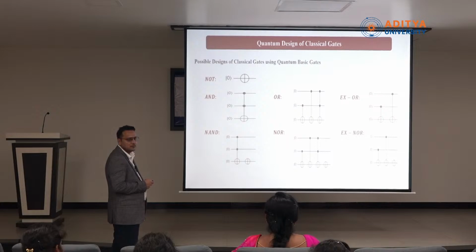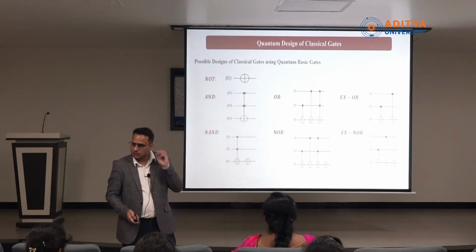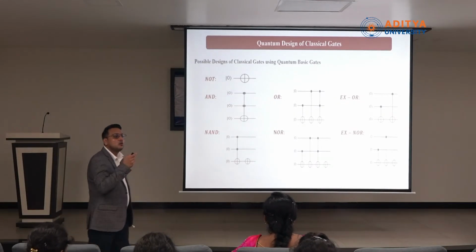But this one is 1, so it is taken as control, and this would be flipped. Only this flipping operation happens, and due to it the output remains 1. Clear? Okay.